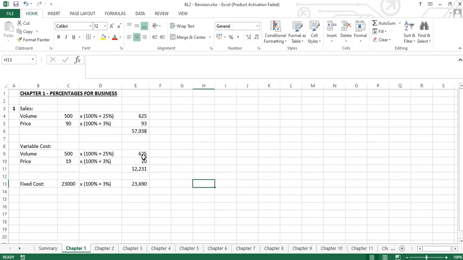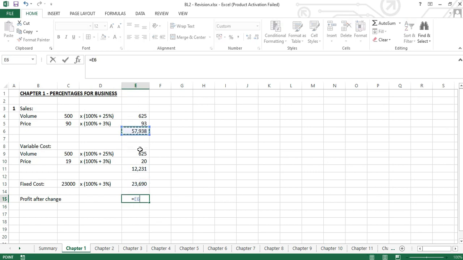So first we need to calculate the new profit after the change. So I would say profit after change is actually sales minus variable cost minus fixed cost.